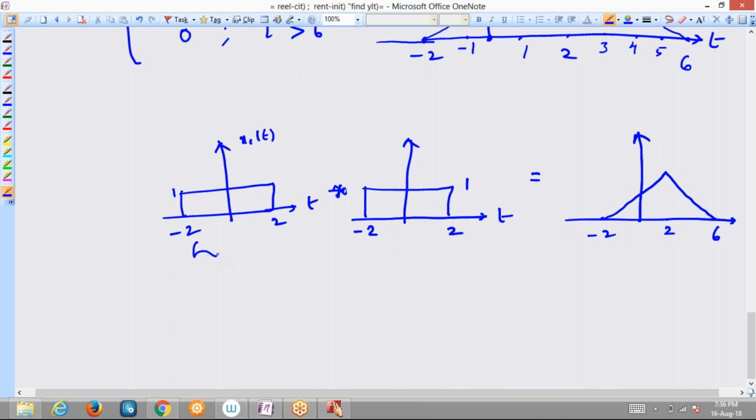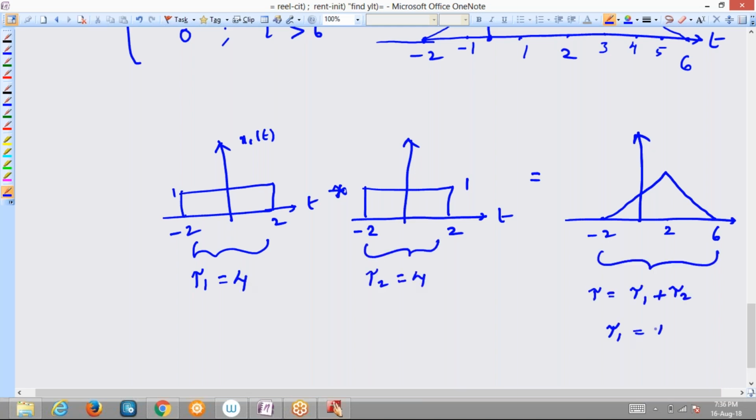We can observe that here the width of the pulse tau 1 is equal to 4, and the width of the pulse tau 2 is equal to 4. The total width of the triangular function should be equal to tau 1 plus tau 2. Of course, in this case tau 1 equals tau 2, so it is twice the width of the rectangular pulse.